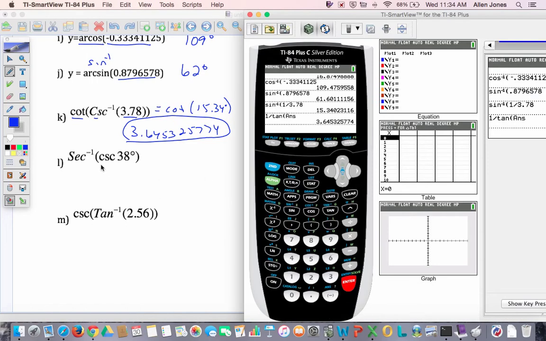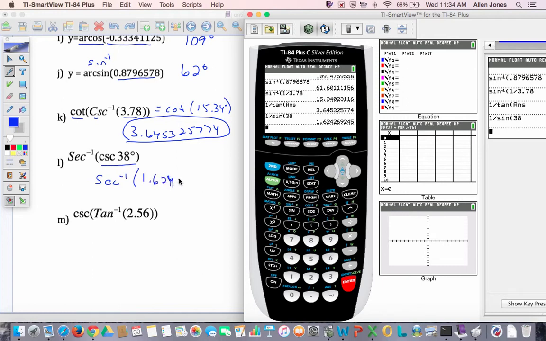Let's scroll down to make sure we have everything on here that we're going to finish on this page. Keeping the calculator up here. Cosecant of 38. Now notice 38 is an angle measure. So we type that in as 1 divided by the sine of 38.